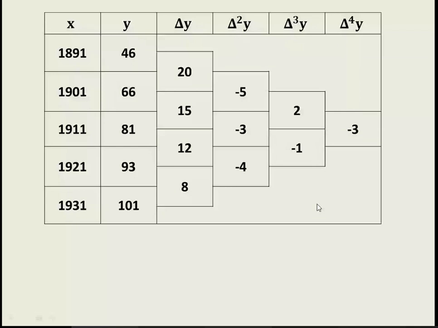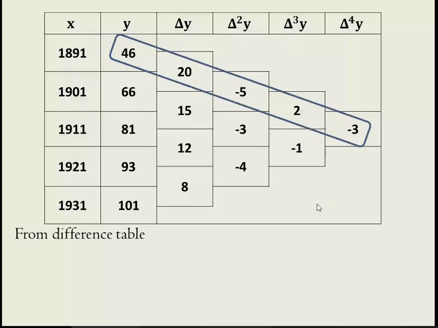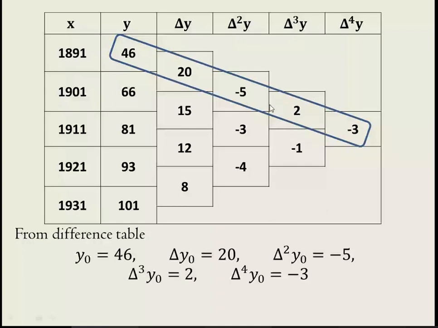For forward, we are using the top values. So y naught is 46, delta y naught is 20, delta square y naught is minus 5, delta cube y naught is 2, and delta raised to 4 y naught is minus 3. And for backward, we are using the bottom values. So this is the value of yn, 101.